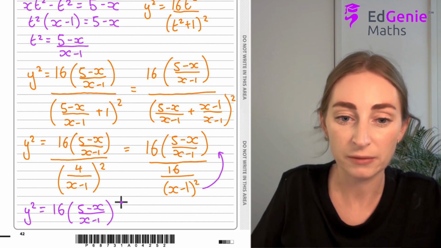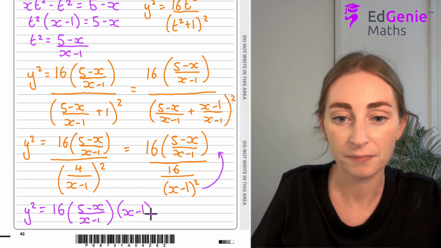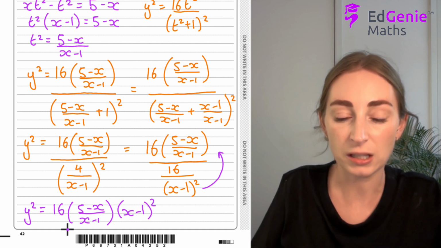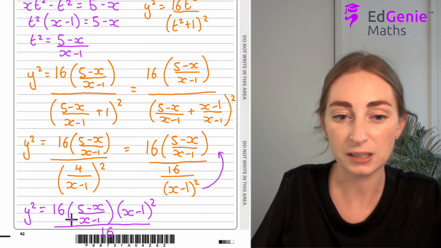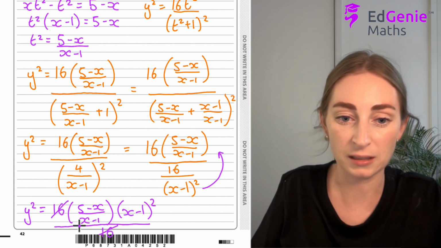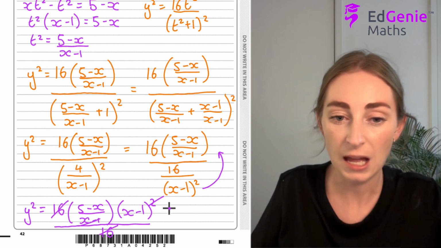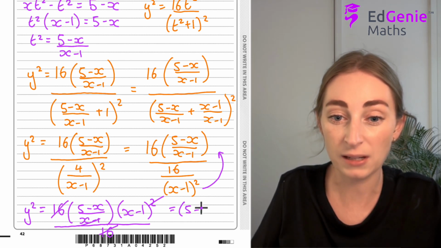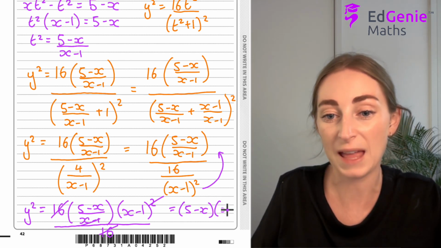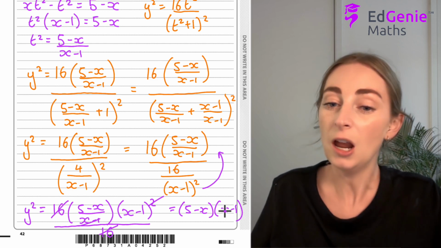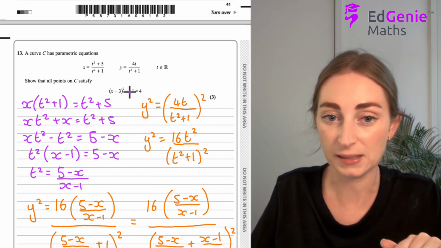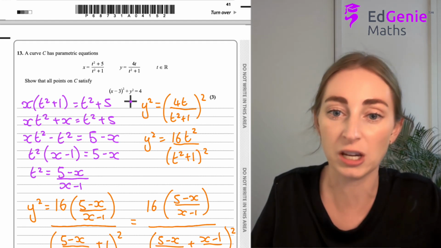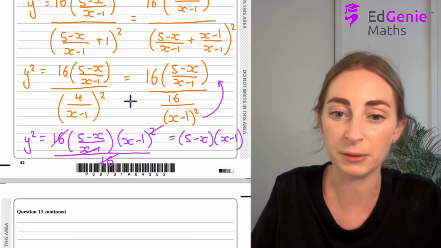So it is a little bit fiddly. All squared. And actually, this is going to be all over 16, which is going to be quite nice as well. Look, cancel, cancel. Oh, this is amazing. Cancel, cancel. And we have got 5 minus x multiplied by x minus 1, which is not what they wanted. They wanted this. Okay, so we're not done yet. Oh, it's actually quite a lot for 3 marks, isn't it?